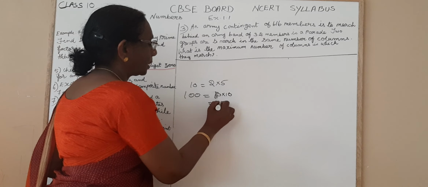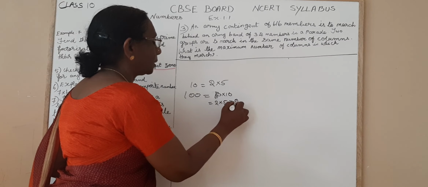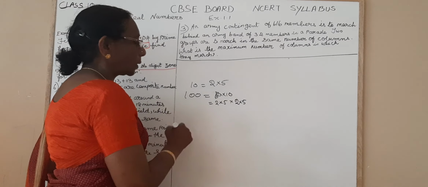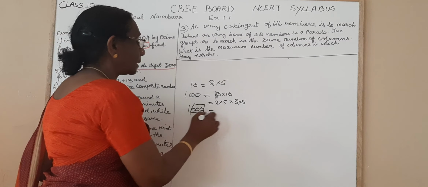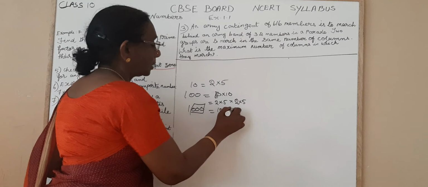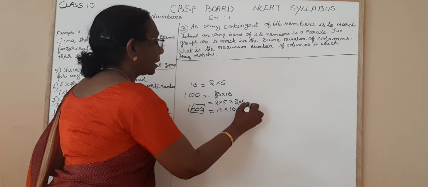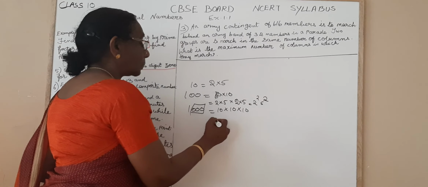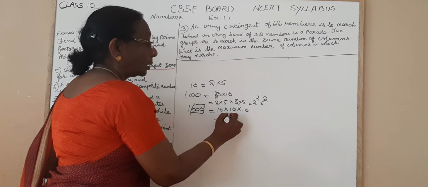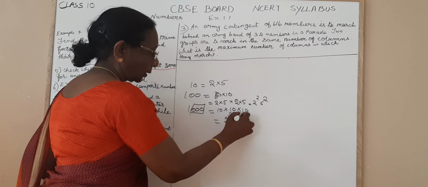So 2 into 5 and 2 into 5. And 1000 with 3 zeros means what? 10 into 10 into 10. Here 2 square into 5 square. So 3 zeros means it should be 2 cube into 5 cube.